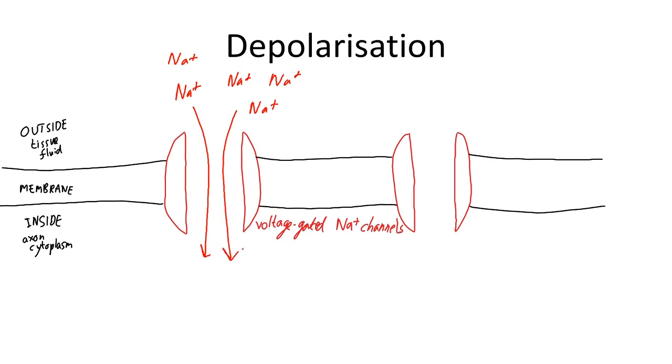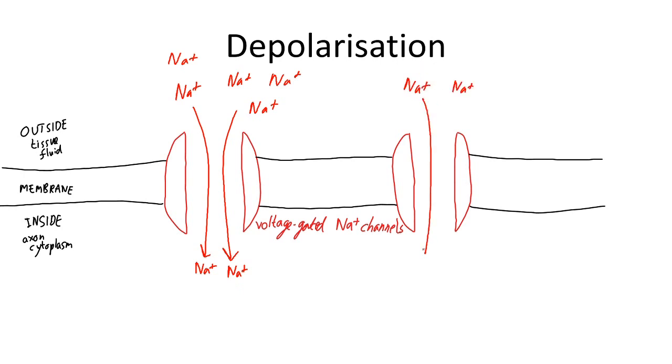Now, when we have the initial depolarization or initial stimulus placed onto this neuron, only some of these voltage-gated sodium channels will open. So the membrane potential starts to increase from that -70. If it reaches a threshold, then more of them open and even more sodium comes in.